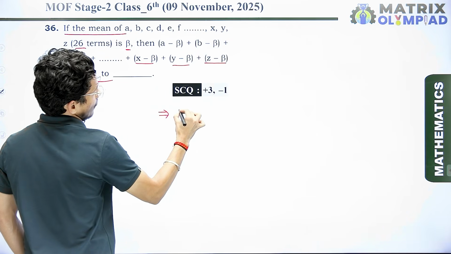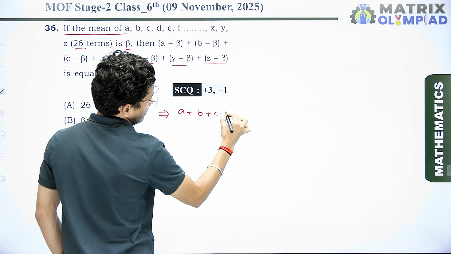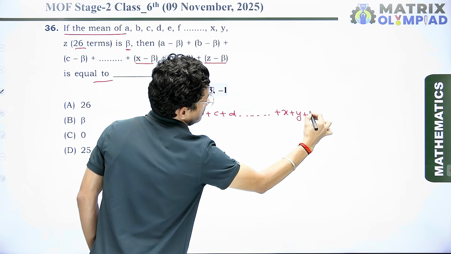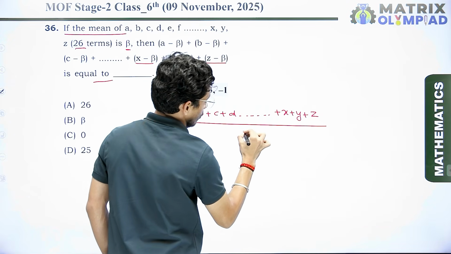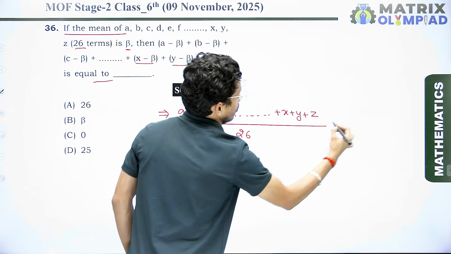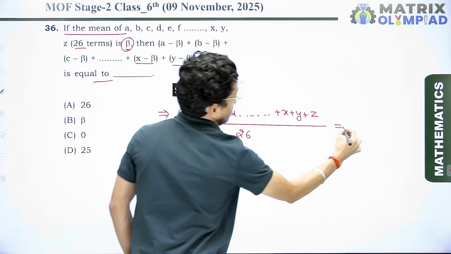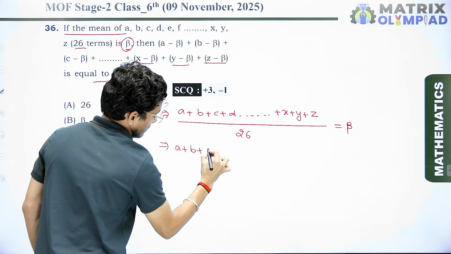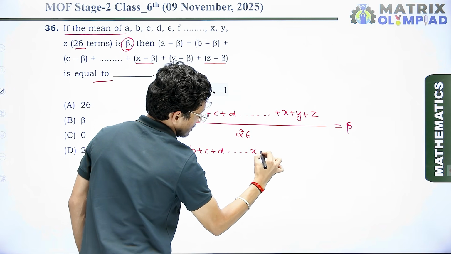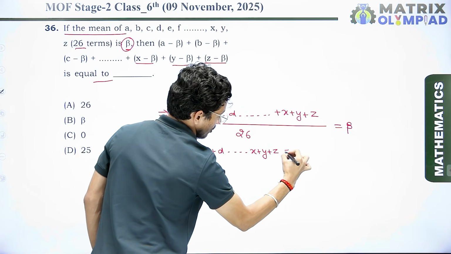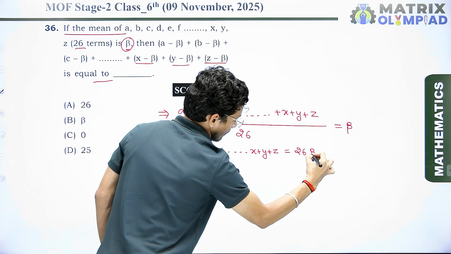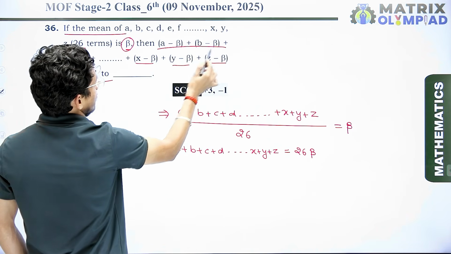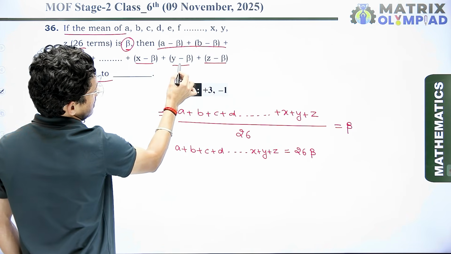So I can write A plus B plus C plus D and last X plus Y plus Z divided by 26, which is equal to beta. So A plus B plus C plus D and X plus Y plus Z is equal to 26 beta.